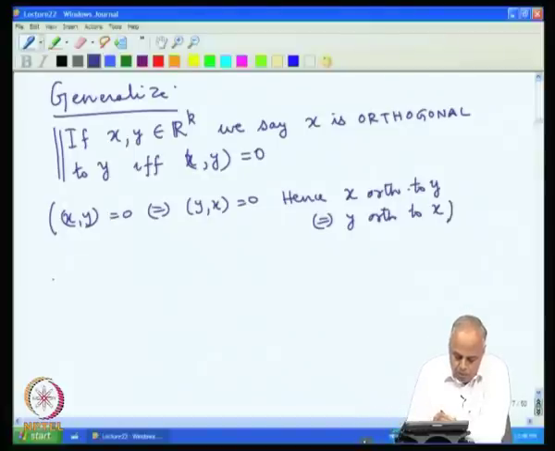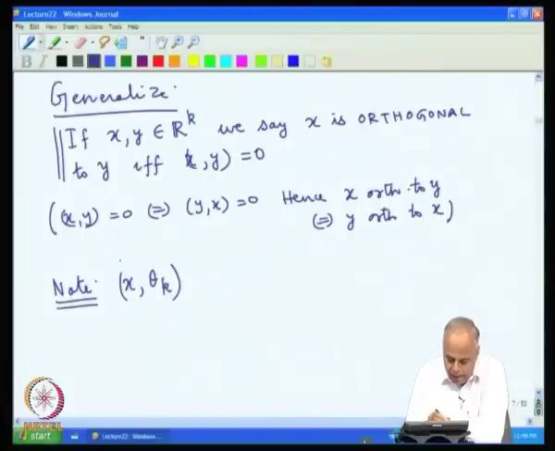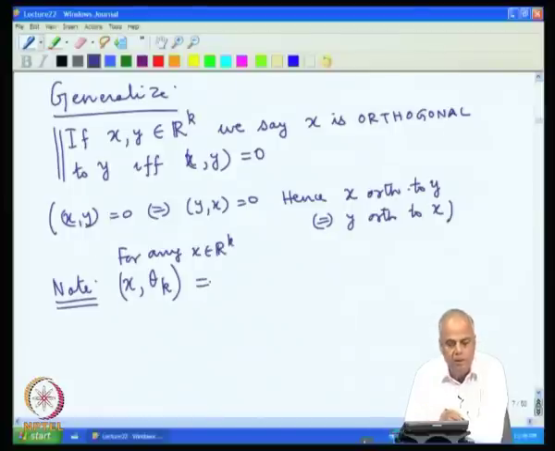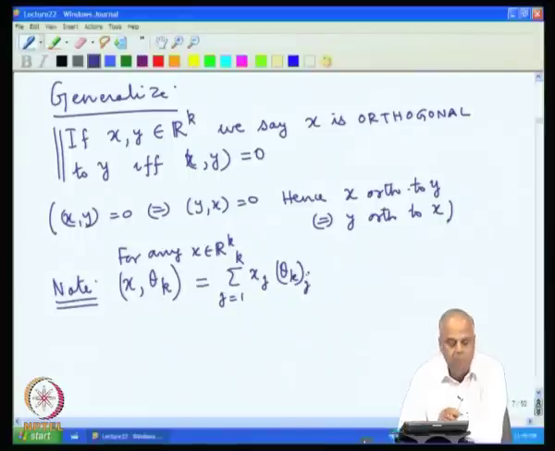Okay. So, now note the inner product of x and theta k, for any x in R k. What is x comma theta k? We have to look at the sum over j equal to 1 to k of x j and the jth component of theta k multiplying.